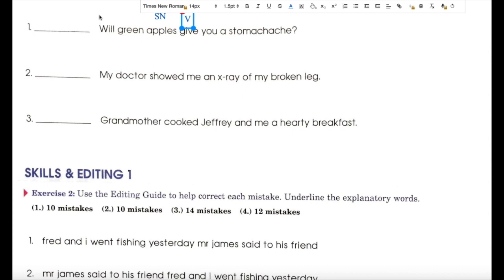It comes at the beginning, will, so it must be a helping verb. Apples will give what? Stomach ache. Verify the noun. Does stomach ache mean the same as apples? No, it's a direct object. Give is a verb transitive.